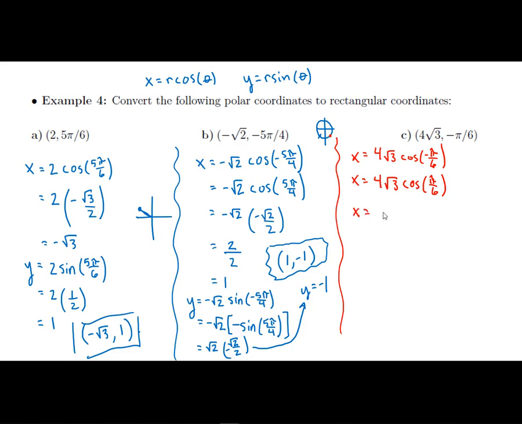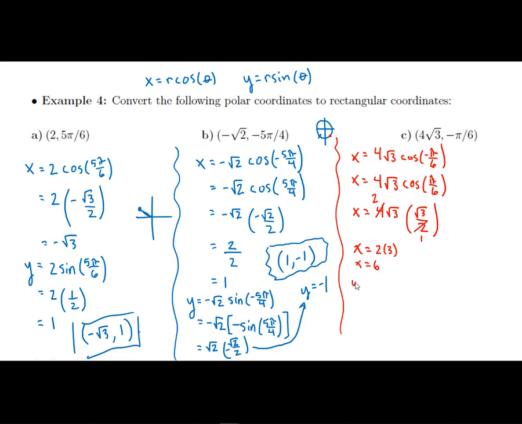So x equals 4 root 3 times square root of 3 over 2. And so we get a little cancellation here with the 2 and with the 4. And then root 3 times root 3 is 3. So 2 times 3 is 6.